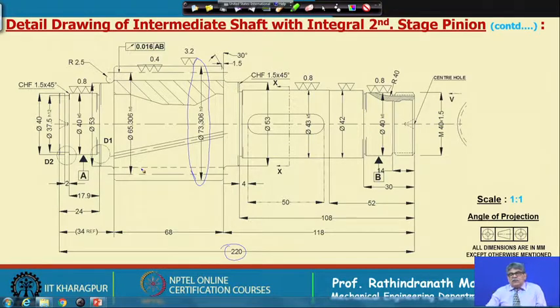Okay. But if we go for mass production, then probably we can buy this bar of say 200 millimeter length and probably diameter may be 75 or even less, 70 millimeter, and then by forging, the material can be made like this.